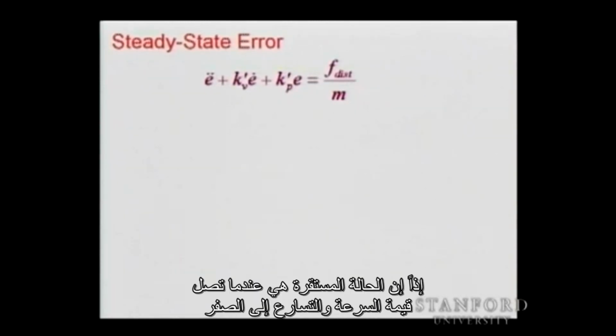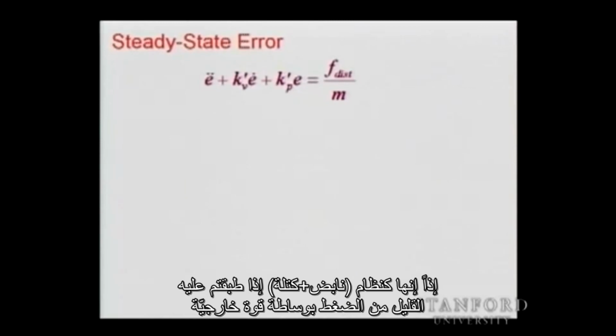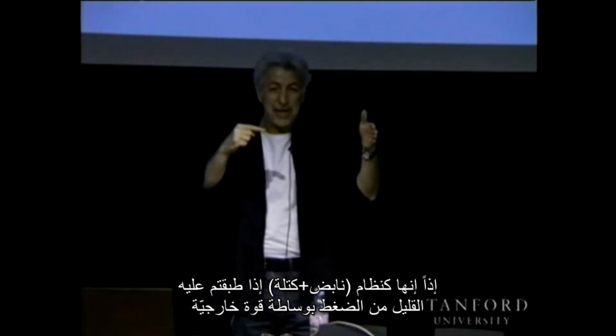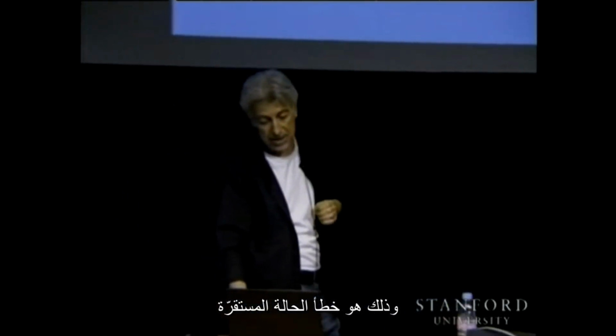So steady state is like when the acceleration stops, the velocity stops, and you reach that position, but you are not reaching it exactly. There is a small error. So it's like a spring mass system. If you apply a little bit of perturbation with an external force, it's not going to go to its rest position. It will be very close, but not there. And that would be the steady state error.